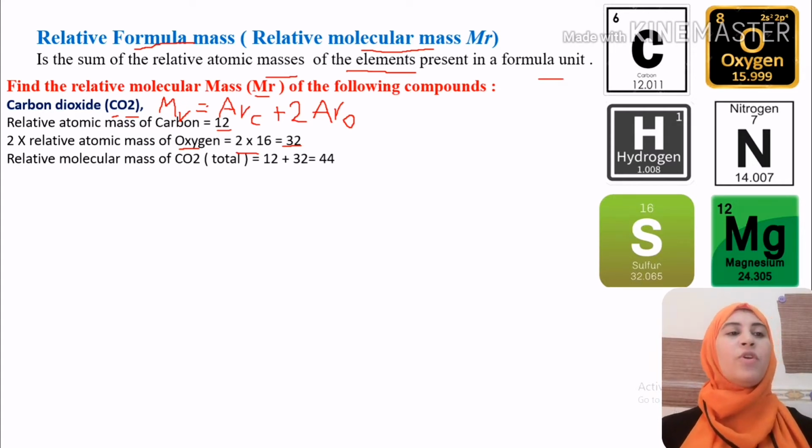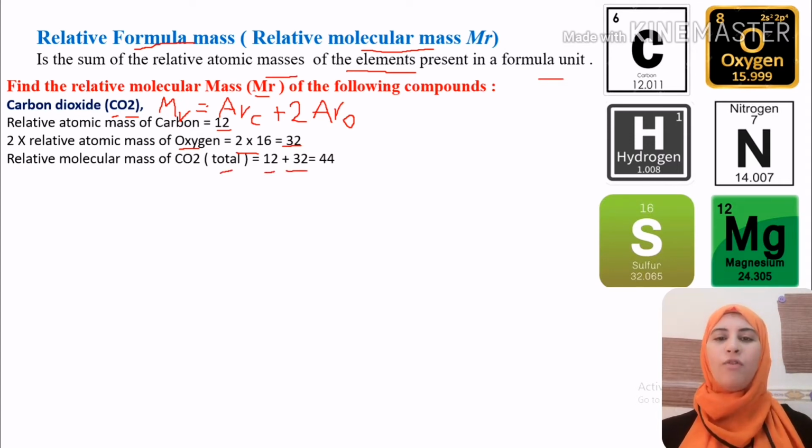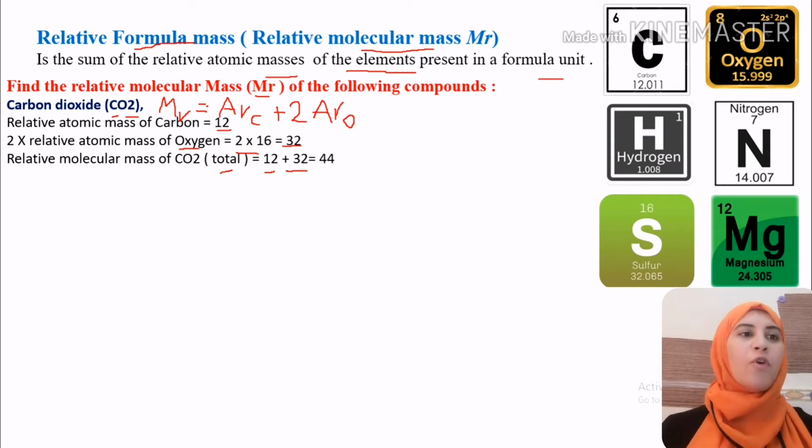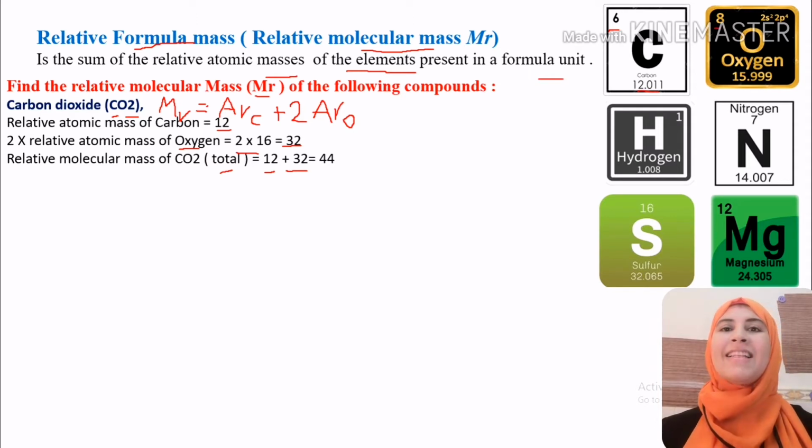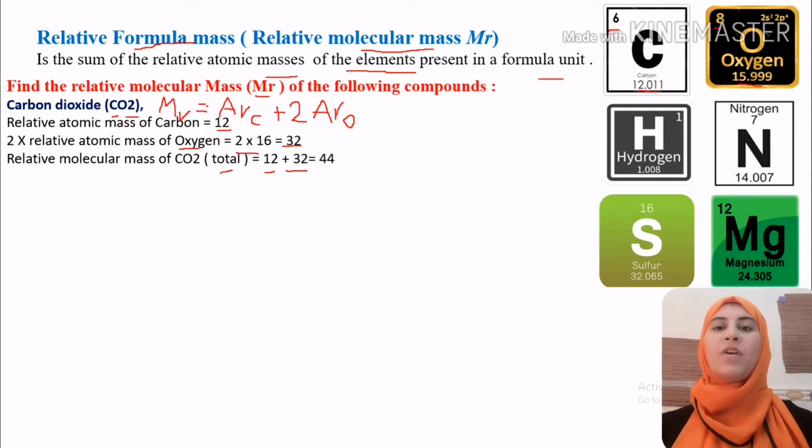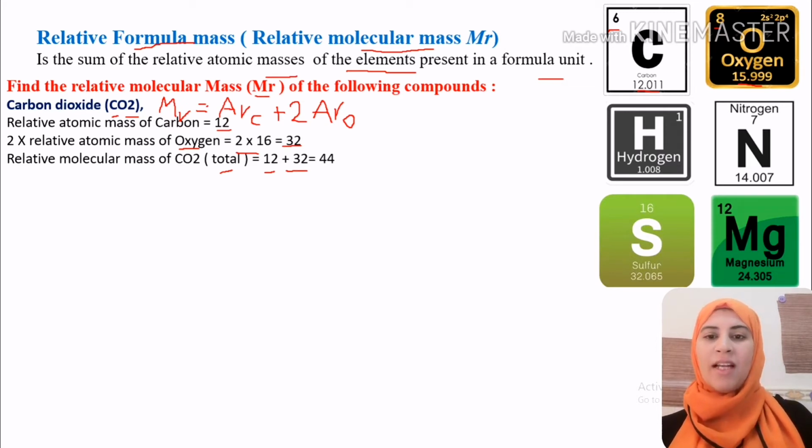So the relative molecular mass of carbon dioxide equals 12 plus 32 equals 44. Where do we get the elements from? From our compound elements. Carbon is C, 6, 12. Oxygen is O, 8, 16. So we can calculate the relative molecular mass of carbon dioxide.